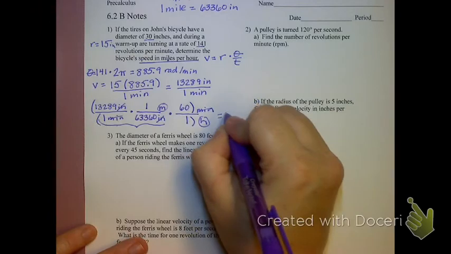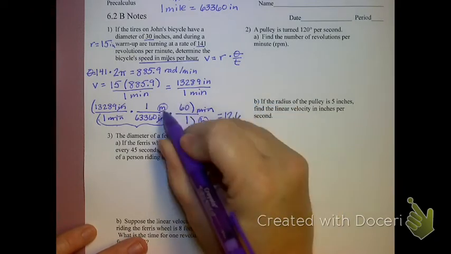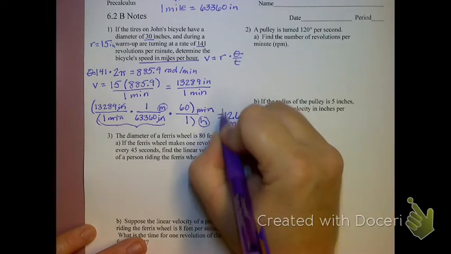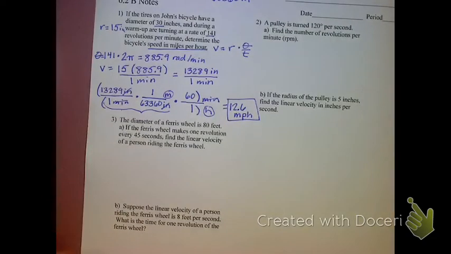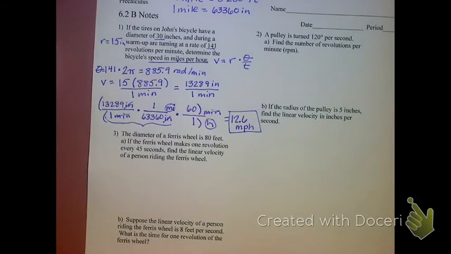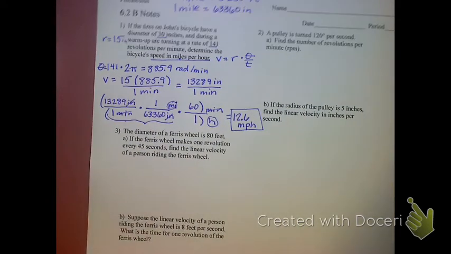I have 12.6 miles per hour, also known as mph, or you could do m over h, or I should say mi, because m is typically meters. Okay, so that's how I do that one right there.